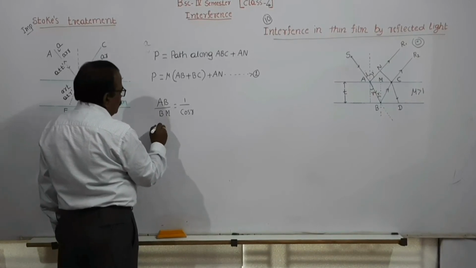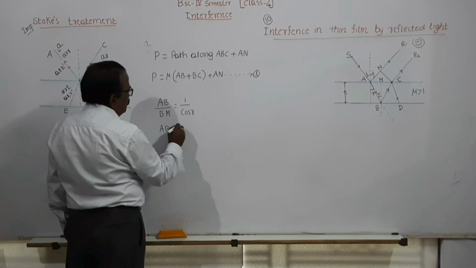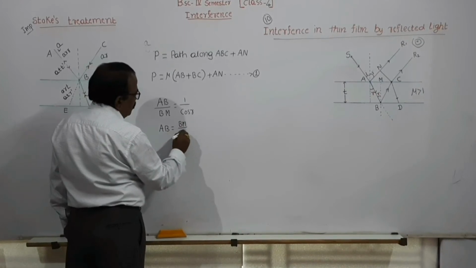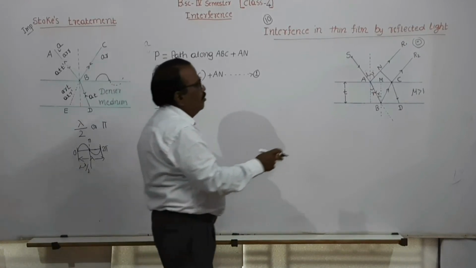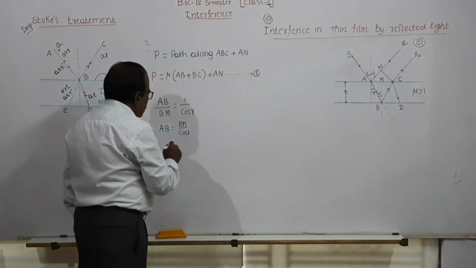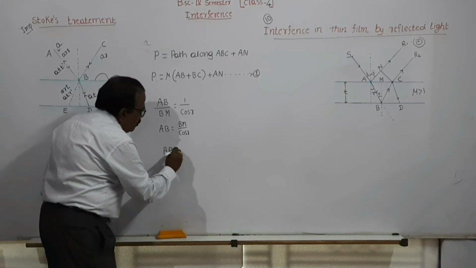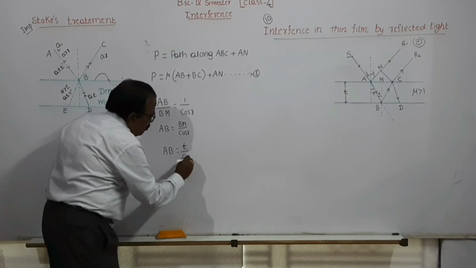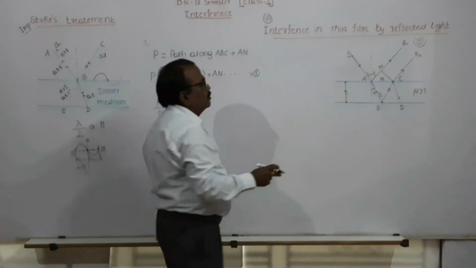From this, what is AB? AB is BM upon cos R. What is BM? This BM is nothing but T. So AB is equal to T upon cos R. But you know that AB is equal to BC.